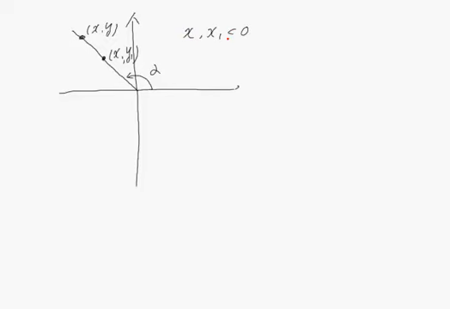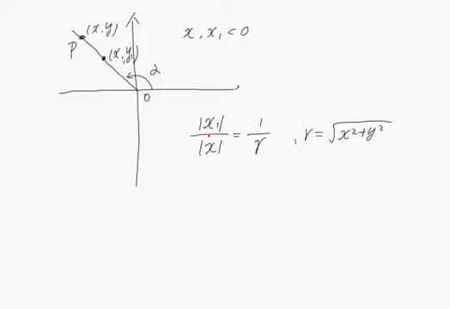And we have such a trigonometric ratio relation: the absolute value of x1 over the absolute value of x equals 1 over r. Here this r is the distance between this point P and the origin O, so that is the square root of x squared plus y squared.